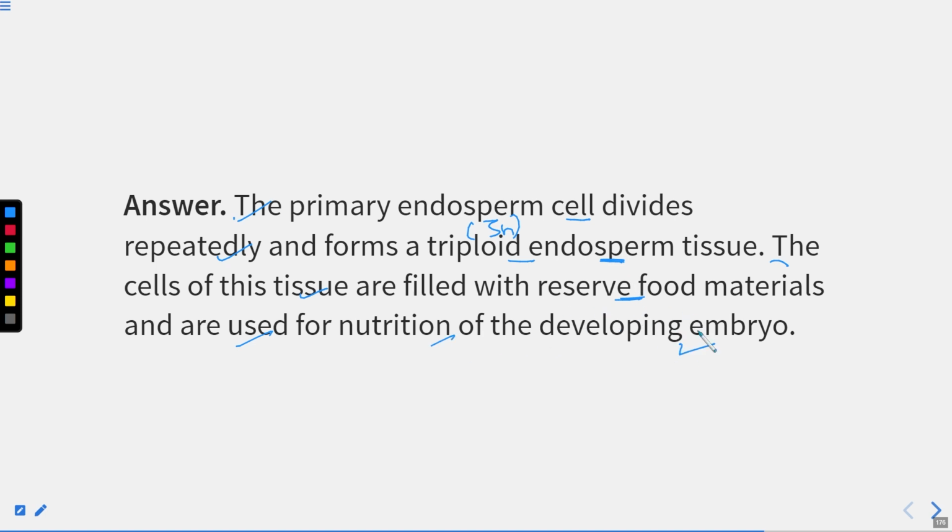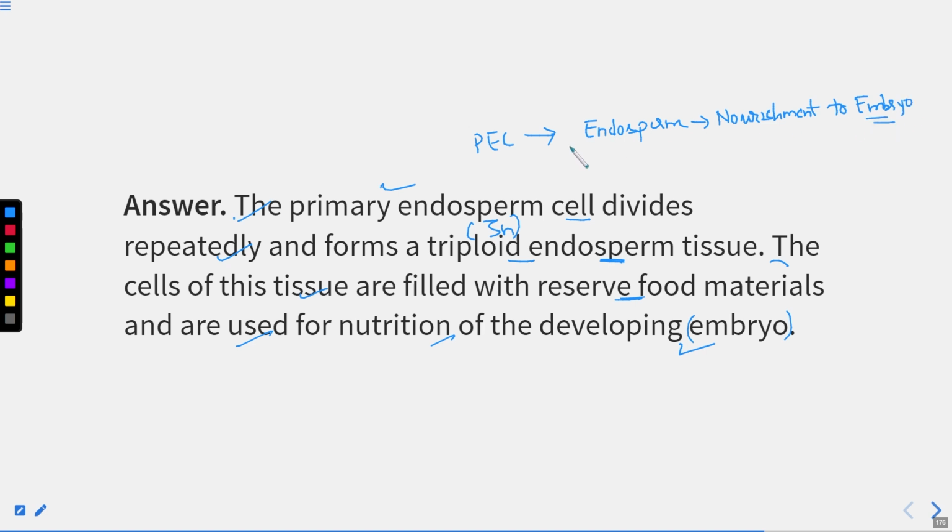So, that's why the zygote starts dividing after the primary endosperm cell divides. Because the primary endosperm cell will divide and form the endosperm, and the endosperm will provide nourishment or nutrition to the embryo.